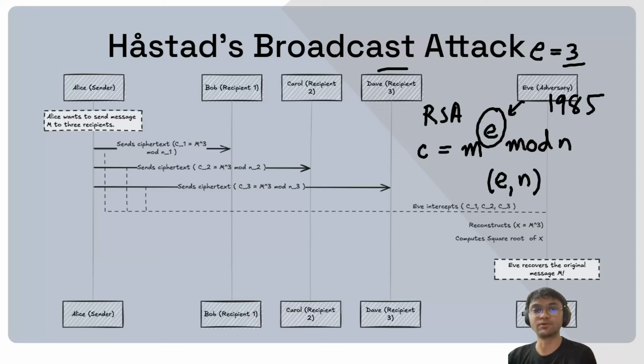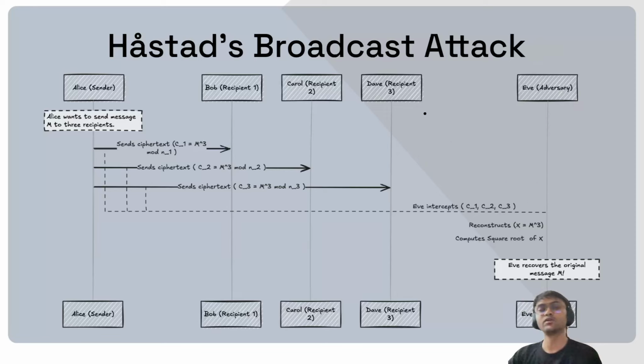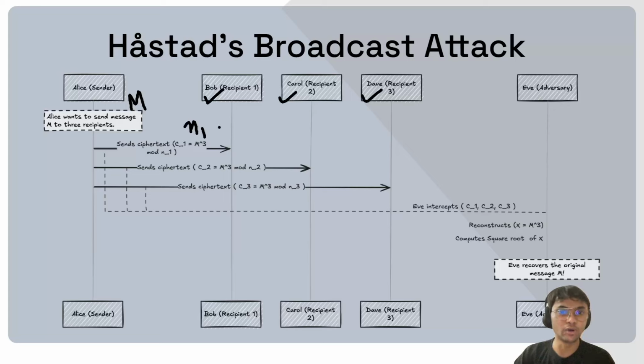Let us understand the setup of this attack. We have Alice, the sender of a message. She wants to send a message M to 3 different recipients: Bob, Carol, and Dave. It's basically a broadcast to 3 different recipients. Alice uses the modulus N1 for Bob, N2 for Carol, and N3 for Dave, and all of these are relatively coprime.